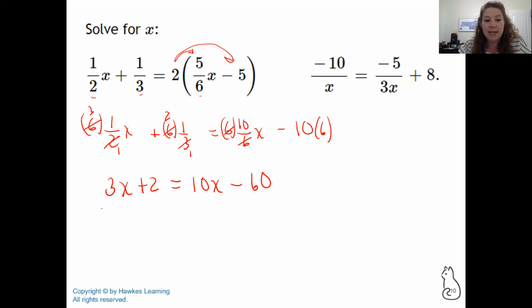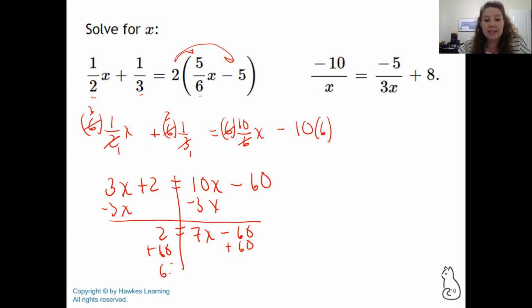All right, I want to get my x's together. And I would have 2 equals 7x minus 60. So I'm going to add 60 to both sides. And I get 62 equals 7x. I'm going to divide by 7. And that's probably simplified, I think.